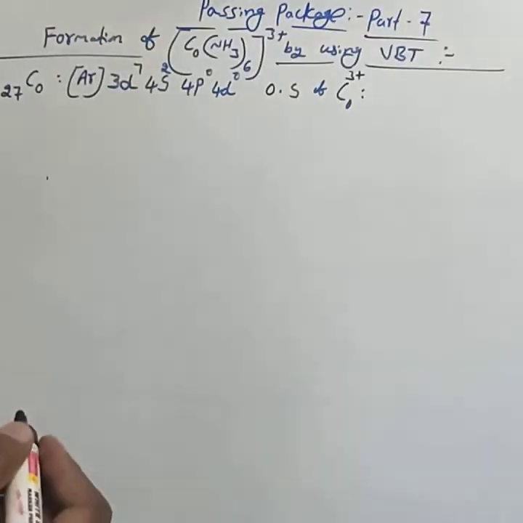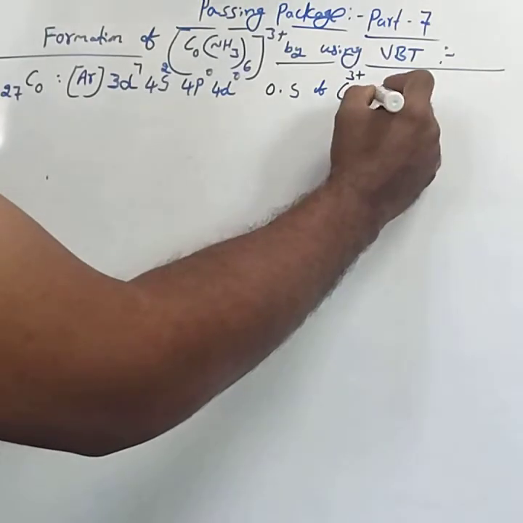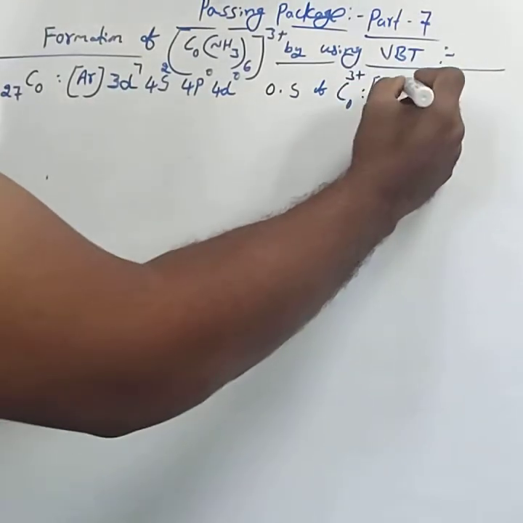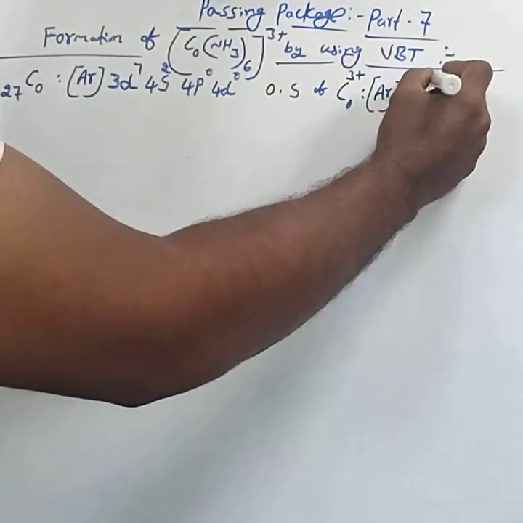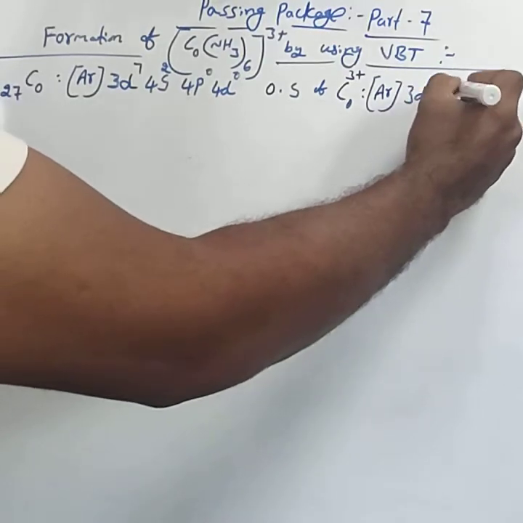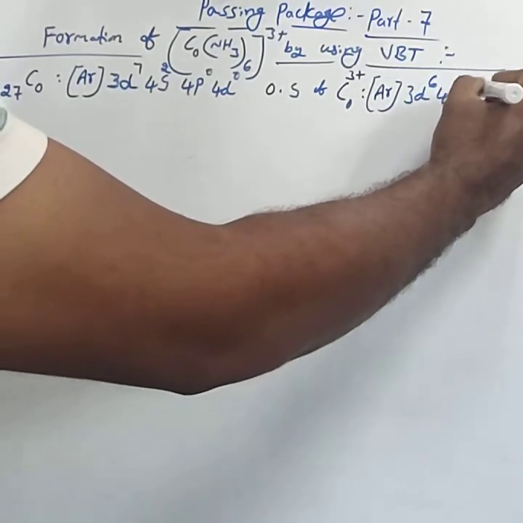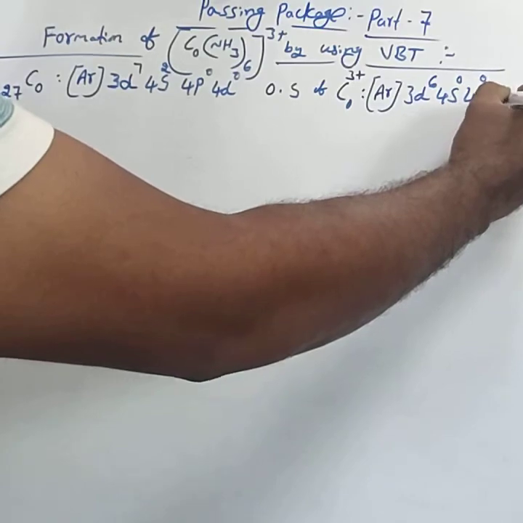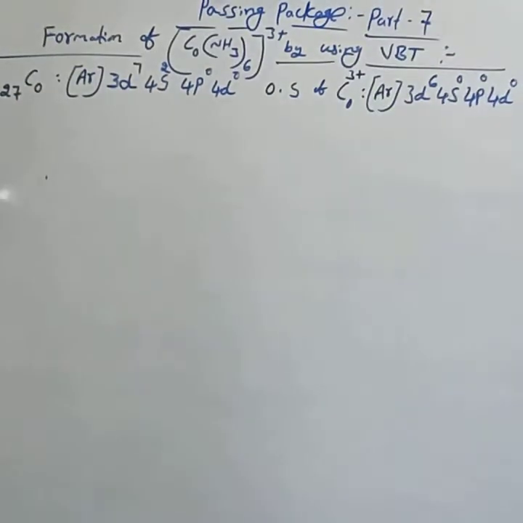Cobalt 3+ configuration is argon 3d6, 4s0, 4p0, 4d0.